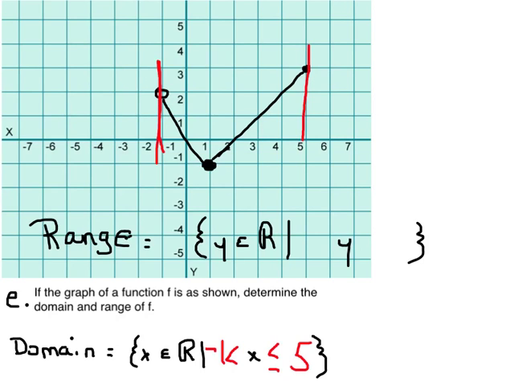All right, for range, we are going from lowest point to highest point. Our lowest point is here. Our highest point is here. Okay, we can draw this little box. So, y is a member of the set of real numbers such that, that's what that means. I'm going to put my y in the middle.